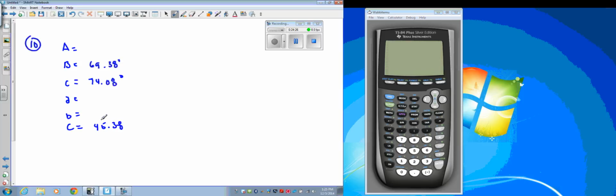And I don't care whether it's centimeters or feet or whatever it is. I'm not worried about units. We won't have to be worried about it. But now to calculate A, what are we going to do? 180 minus the sum of these two, right?